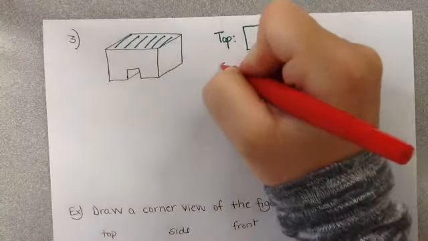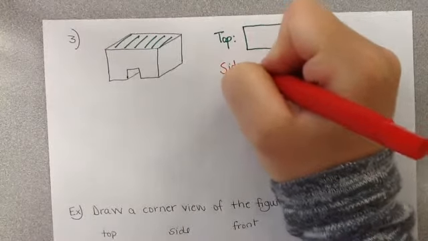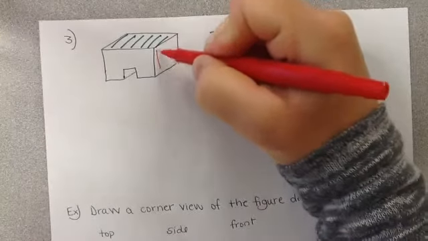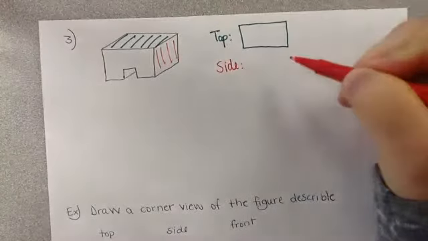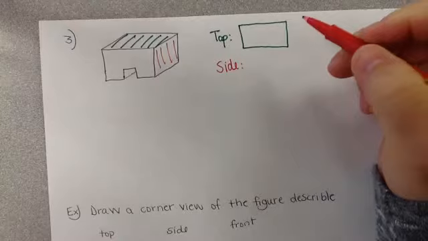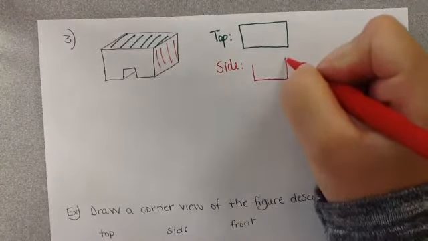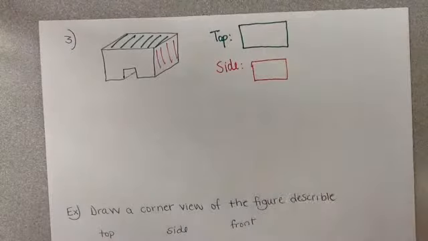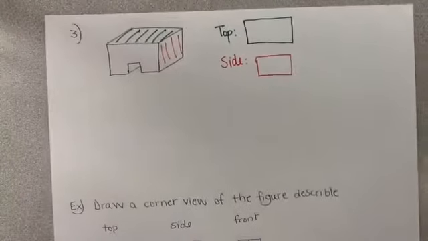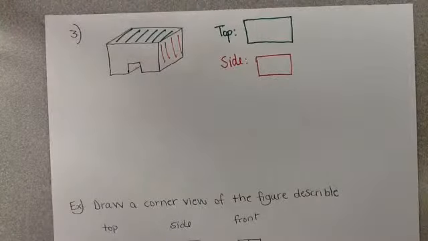What about the side? If you were to flip this and check out the side, what shape would you see? Another rectangle. You can't say square because you're not officially sure if all those sides are equal.